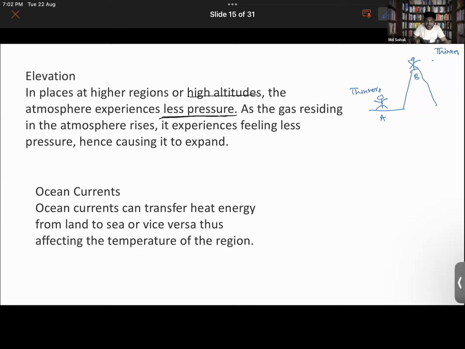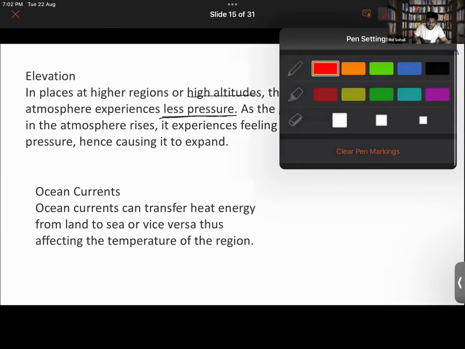What do I mean? That there are fewer air molecules here, while there are more air molecules there. Also, since there are fewer molecules, it means there is a low amount of oxygen here, and a high amount of oxygen there.